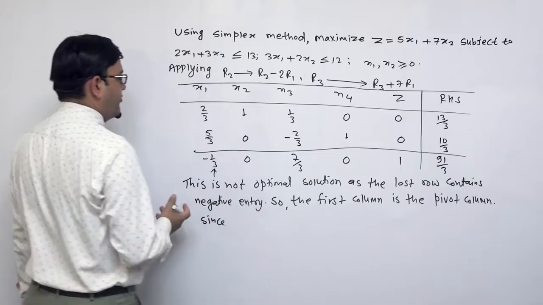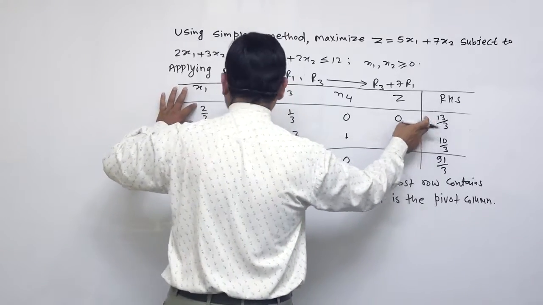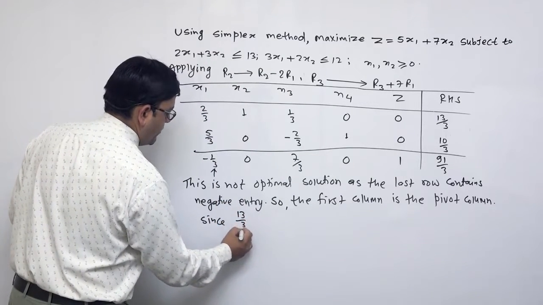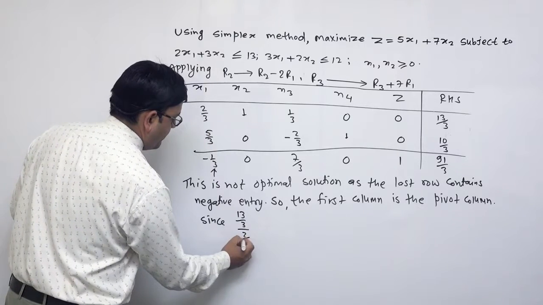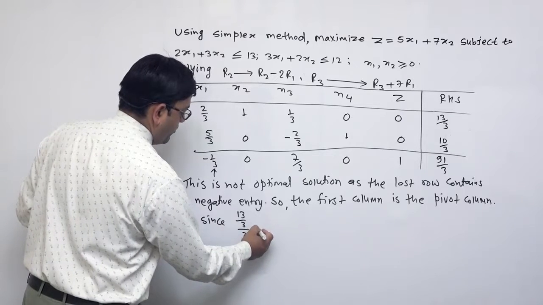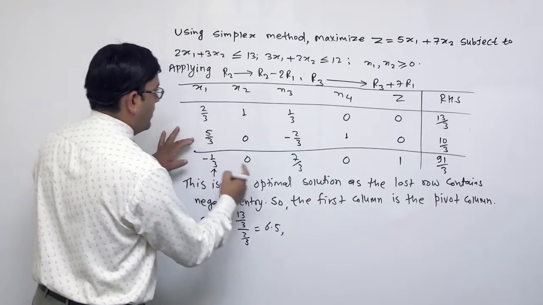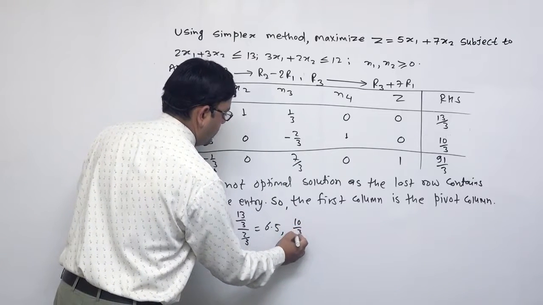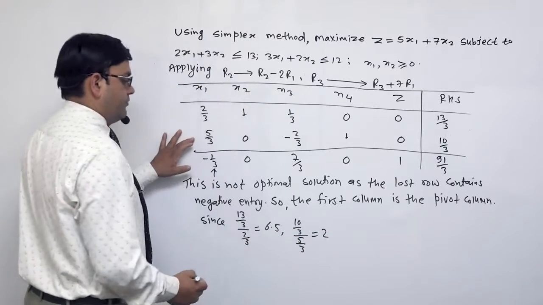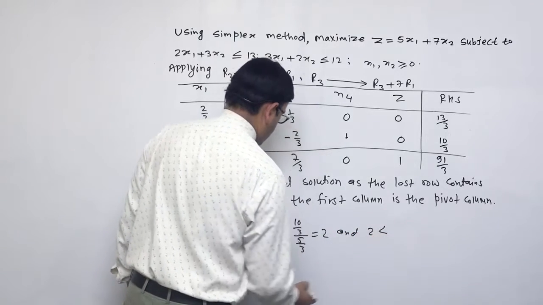now we have to find the ratio this divided by this. So 13 by 3 divided by 2 by 3 is equals to 3 cancel. 13 by 2 means 6.5 comma the next one is 10 by 3 divided by 5 by 3 cancel and it comes 2 and 2 is smaller than 6.5.